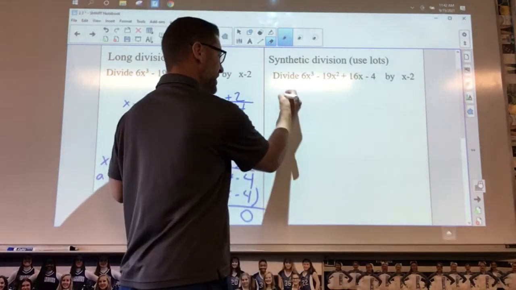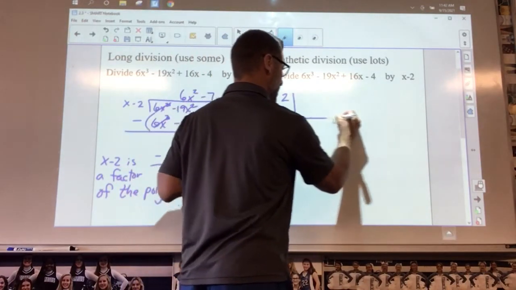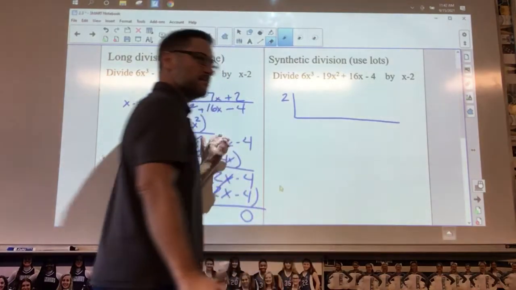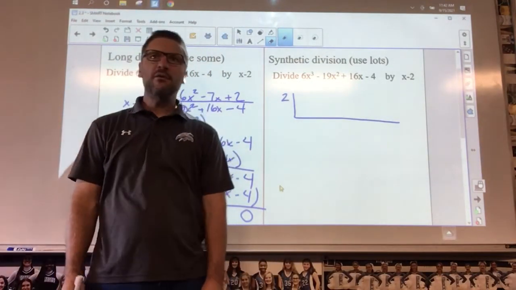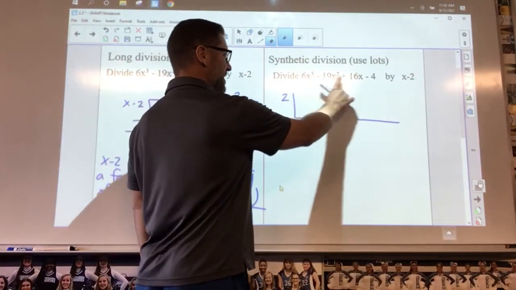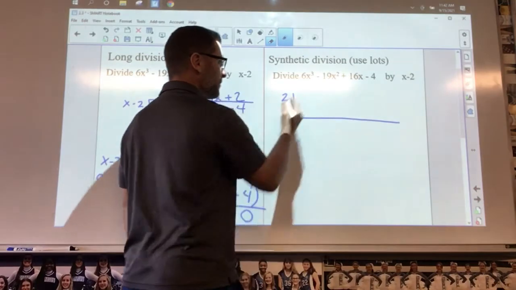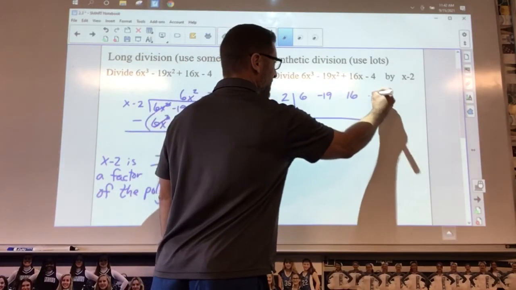And you put it here. You invert the division bar, and you leave a little space down here. Now what you do is you take all the coefficients and you line them up. The coefficients are 6, negative 19, 16, and negative 4.